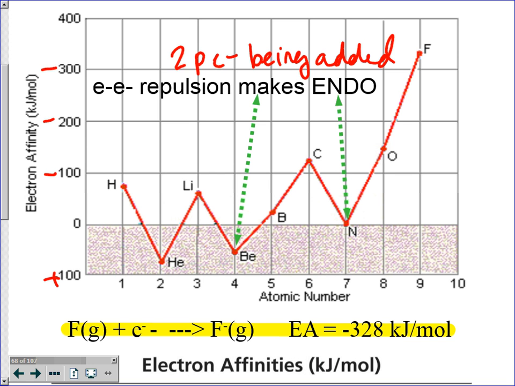Even with the extra electron, fluorine, before accepting an electron, would be like this, right? 7 valence electrons. So when we add an extra electron, we're truly creating what?